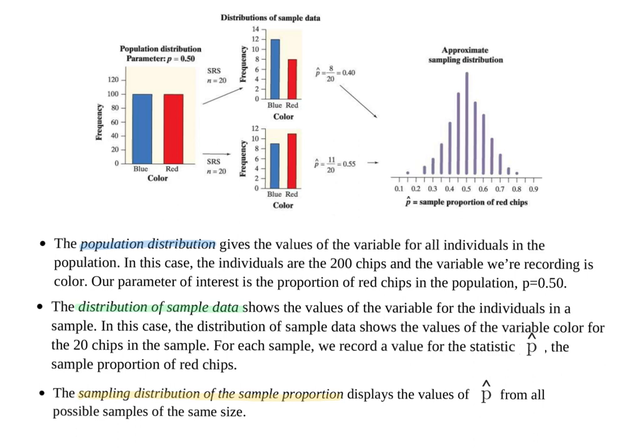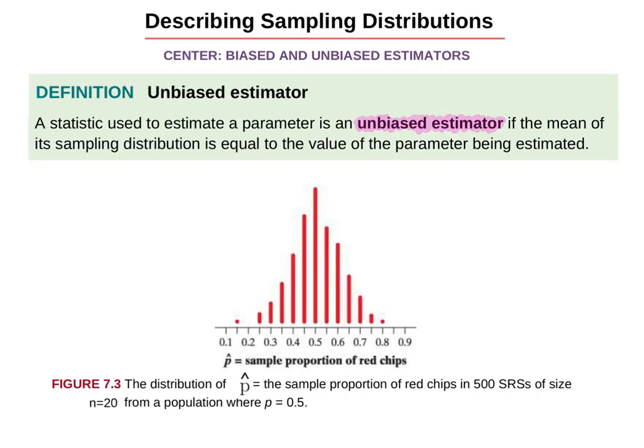So keep in mind that our sampling distribution describes how a statistic like our p hat, our sample proportion, varies among all the different samples in our population. That differs a little bit from the population distribution and the distribution of sample data, which describe how individuals vary in your population or in your sample. So let's move on to describing sampling distributions.